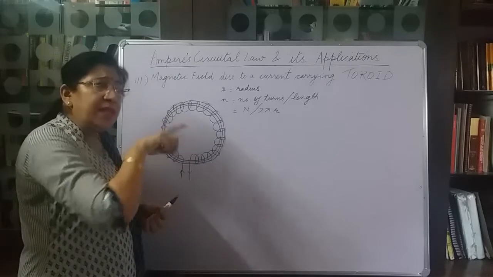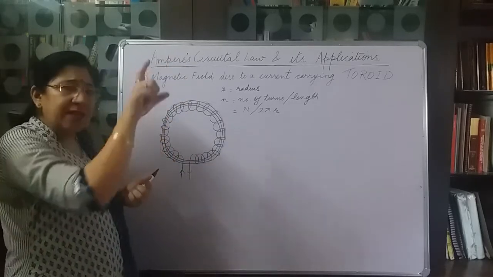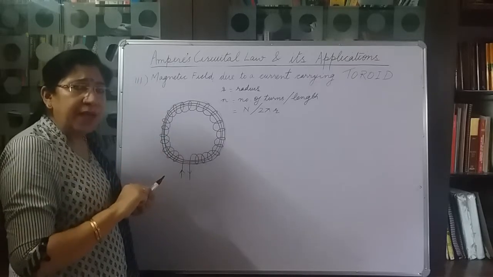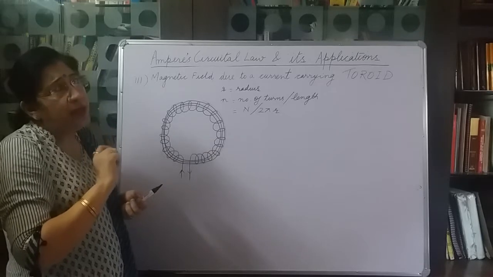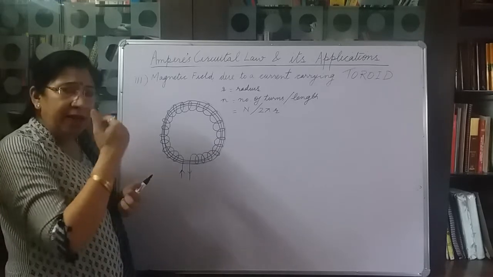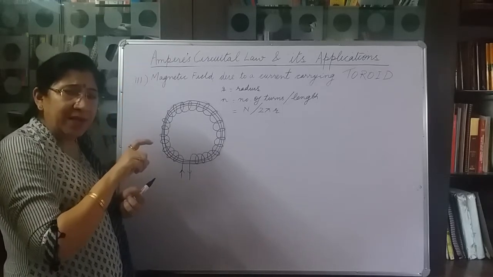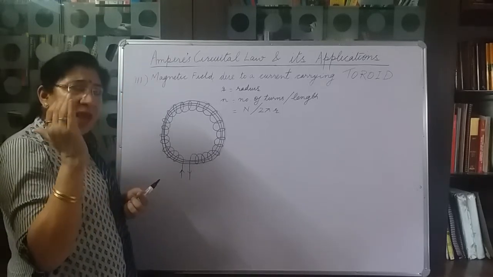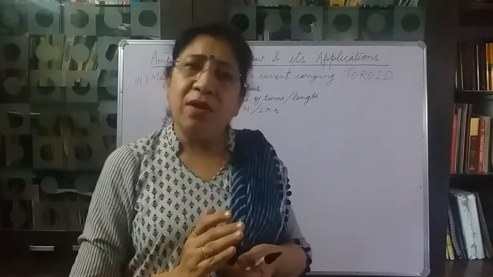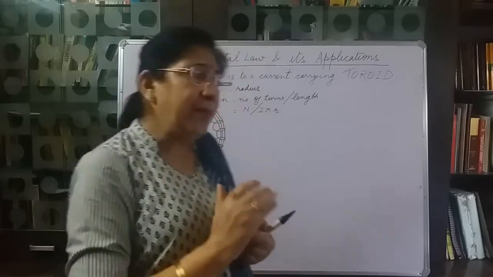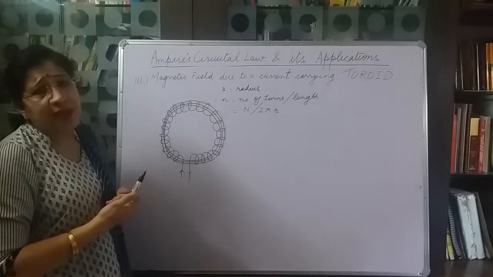If you see the turns of the toroid from one side, if the current is flowing in the clockwise direction, that end will be south pole. Now if the current is flowing in the clockwise direction, and we use our right hand rule, the same rule that we were using in a circular current carrying wire, then the direction of the magnetic lines of force can be found.